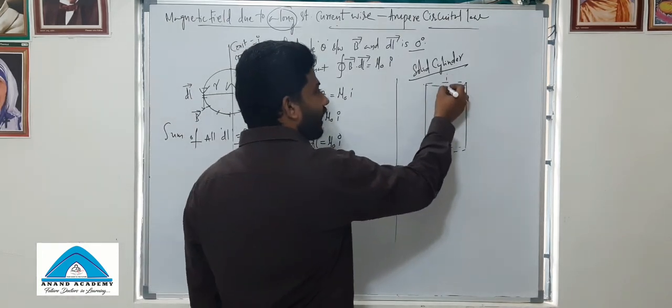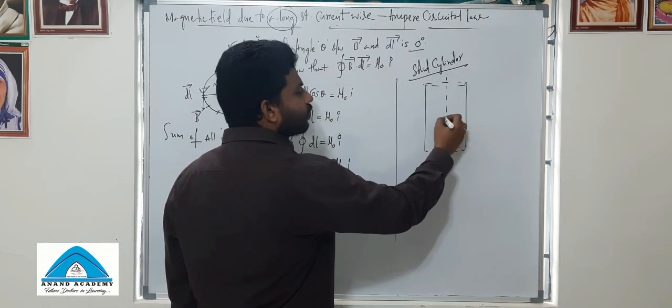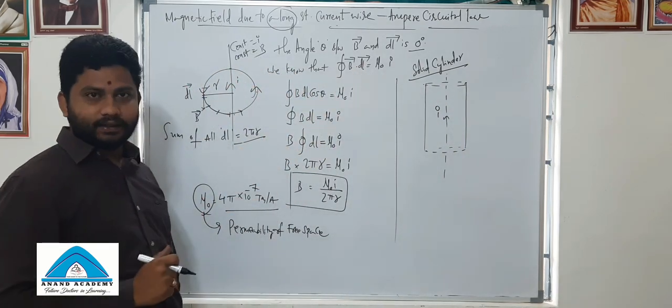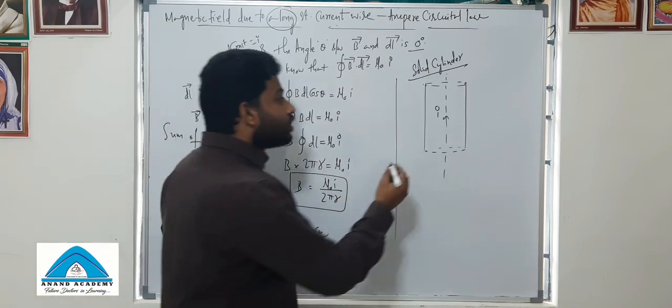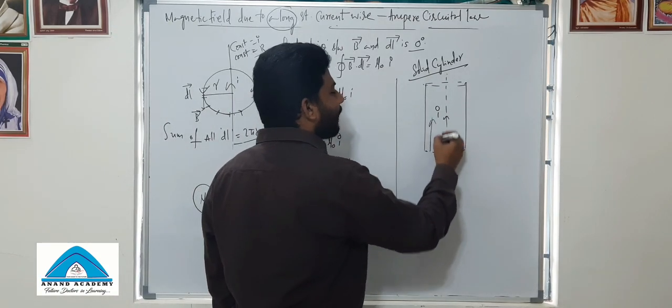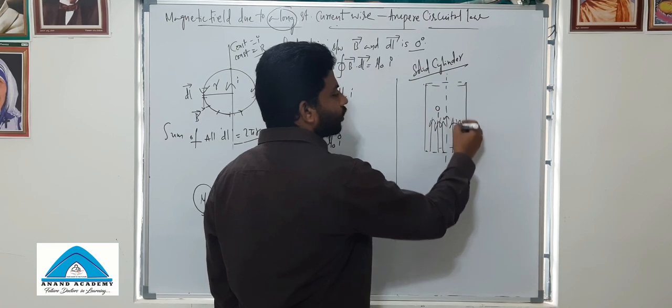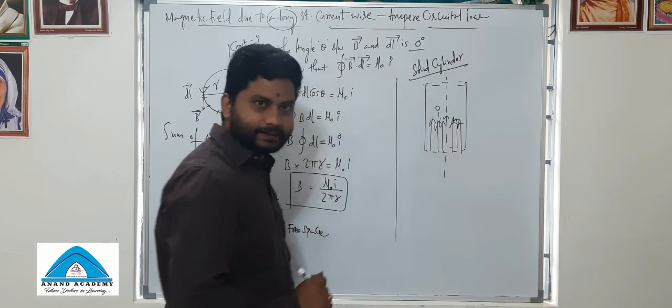This is the axis of the cylinder, and you can imagine that the current I is flowing through the solid cylinder. Solid cylinder means through each part there will be current flowing, not only on the surface.